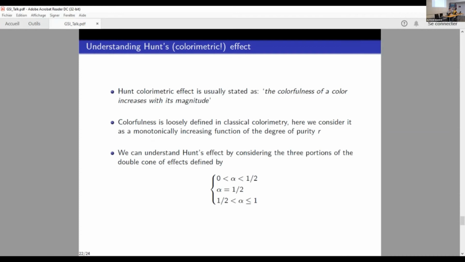We didn't define precisely in this talk, we are working on it, colorfulness, but for the sake of the interpretation of the Hunt effect, the only thing that we need is to consider colorfulness as a monotonically increasing function of the degree of purity R. And we can understand, as we will see in the next final slide, the Hunt effect by considering the three portions of the double cone effect.